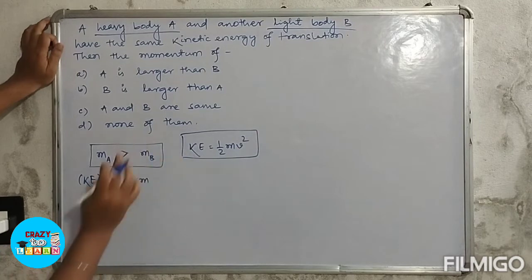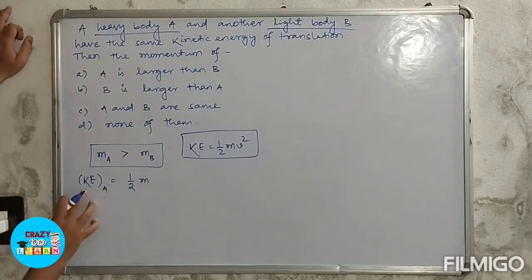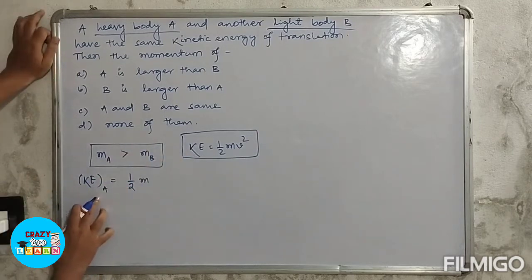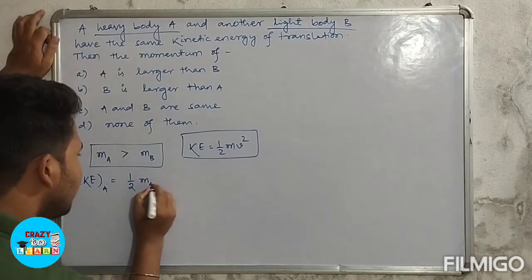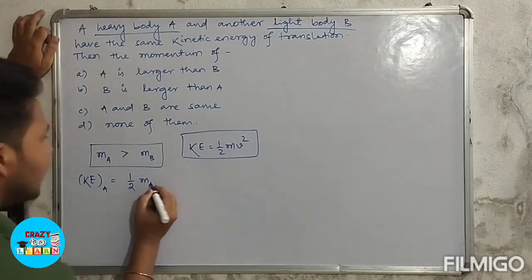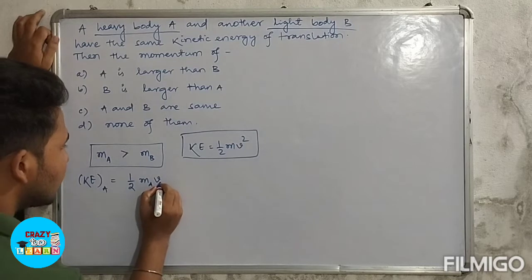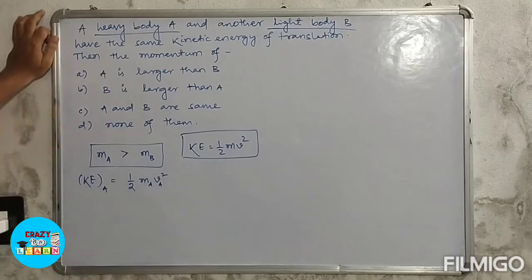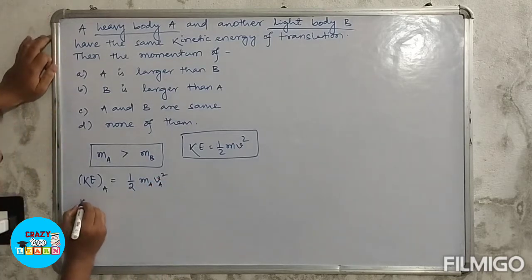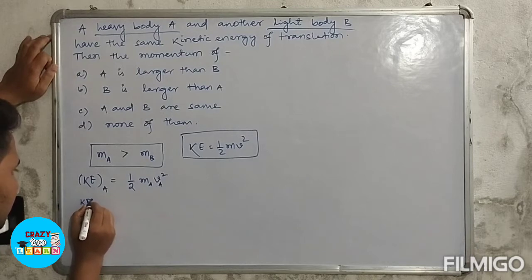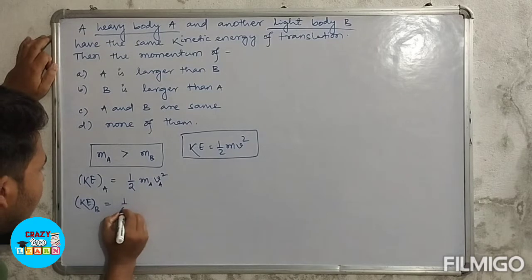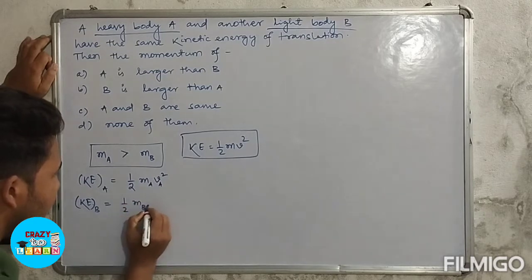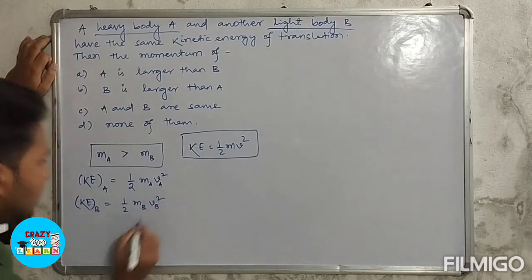So using this formula, when we calculate the kinetic energy for body A, we get half ma into velocity of A whole square. And what is the kinetic energy of body B? The kinetic energy of body B will be half mb vb square.